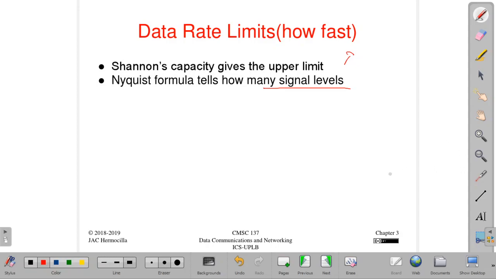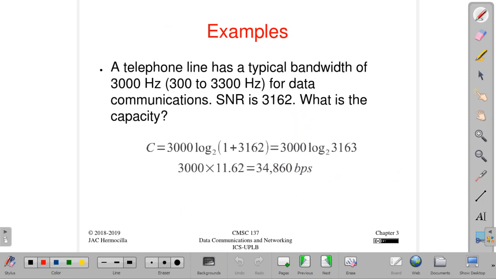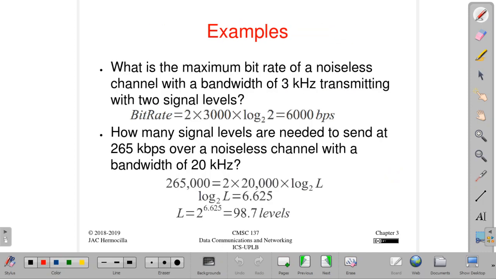Okay, so just have an example. Okay, we have an example here. What is the maximum bitrate of a noiseless channel? So there is a noiseless channel. If it's noiseless, we use the Nyquist theorem or Nyquist limit, and we have a bandwidth of 3 kilohertz transmitting at 2 signal levels.